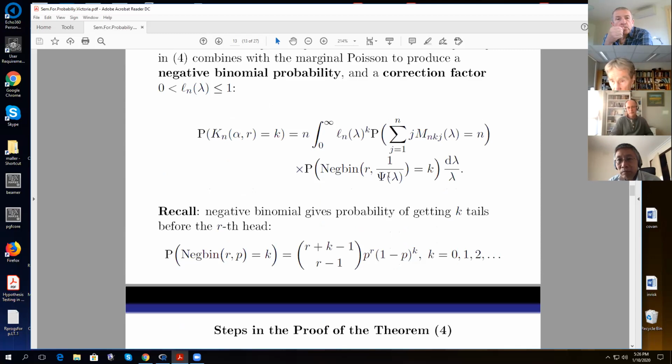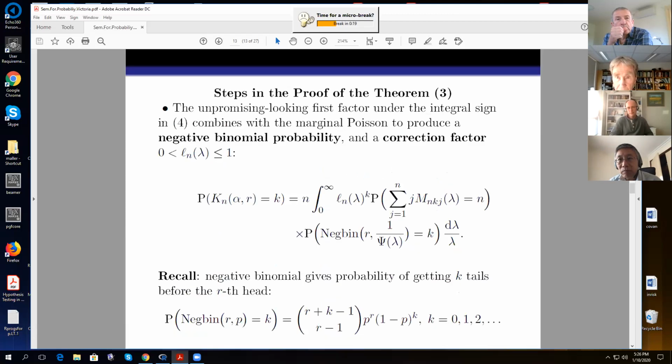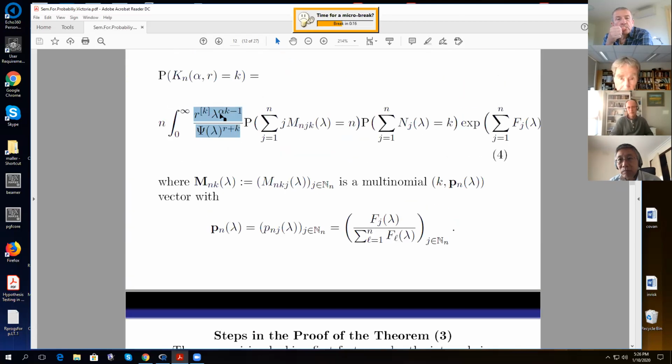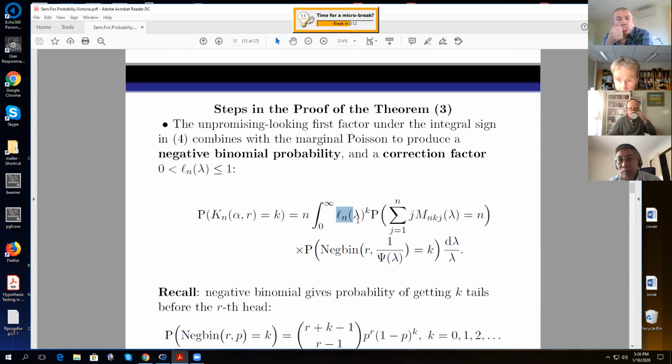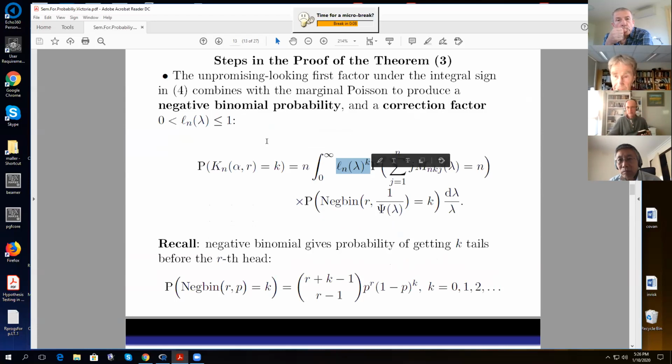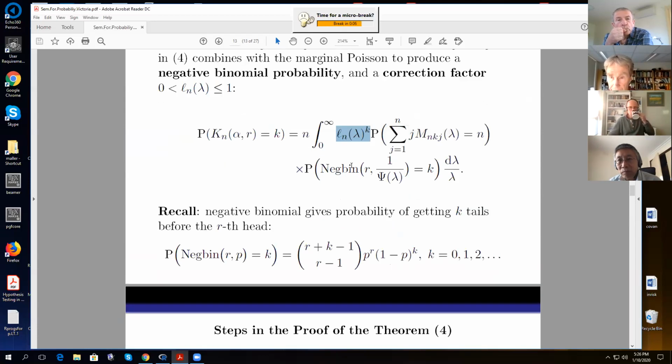That is in fact a probability, and we have the probability of the negative binomial equals k. It's not quite the negative binomial; there is an extra factor that comes in, which I'm just calling ln of lambda, which in fact will be quite easy to deal with.